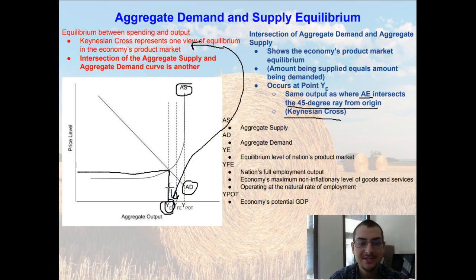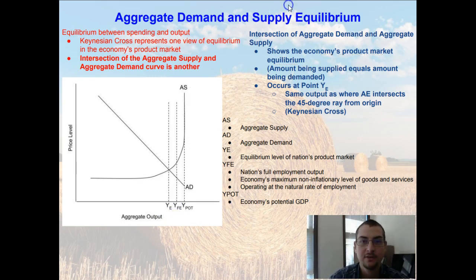Using these aggregate demand and aggregate supply lines, where those two lines intersect is just simply another way of finding that nation's product market equilibrium. And that's all it is. All it's saying is at this output, our nation's income is going to equal our nation's output in terms of value. And that's where we are in equilibrium.